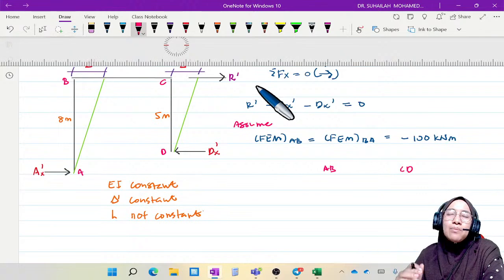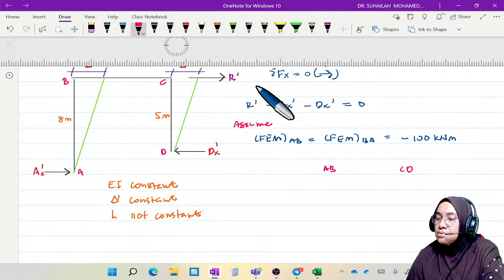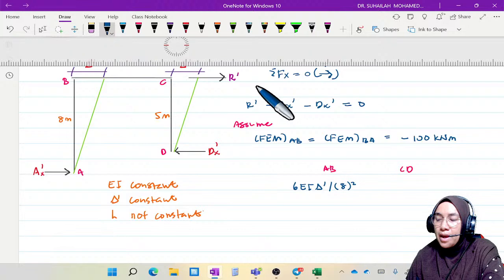There's no FEM for the beam. The formula to calculate FEM due to delta is 6 EI delta prime over 8 squared for AB, and for CD it is 6 EI delta prime over 5 squared.